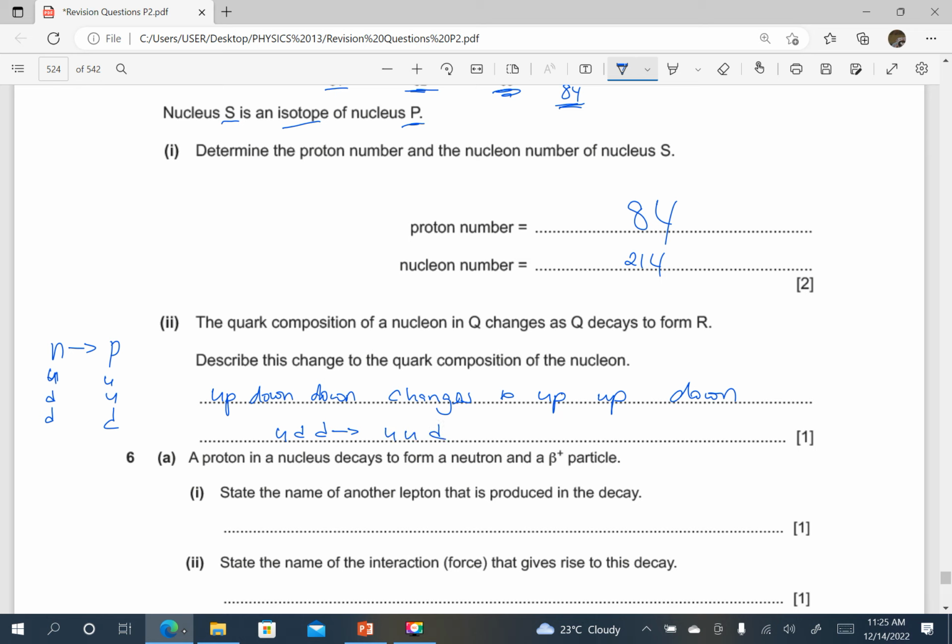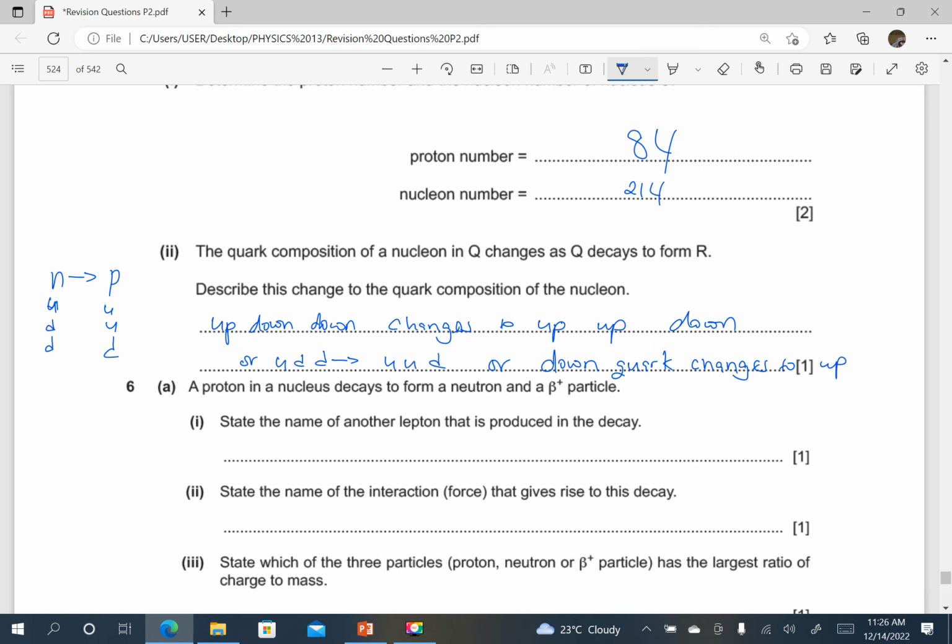Or you can simply say a down quark changes to an up quark.